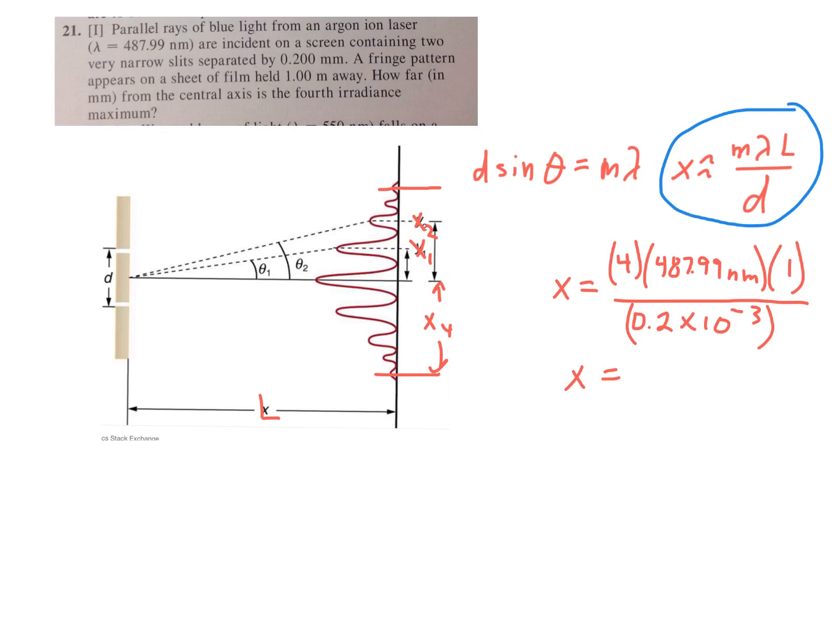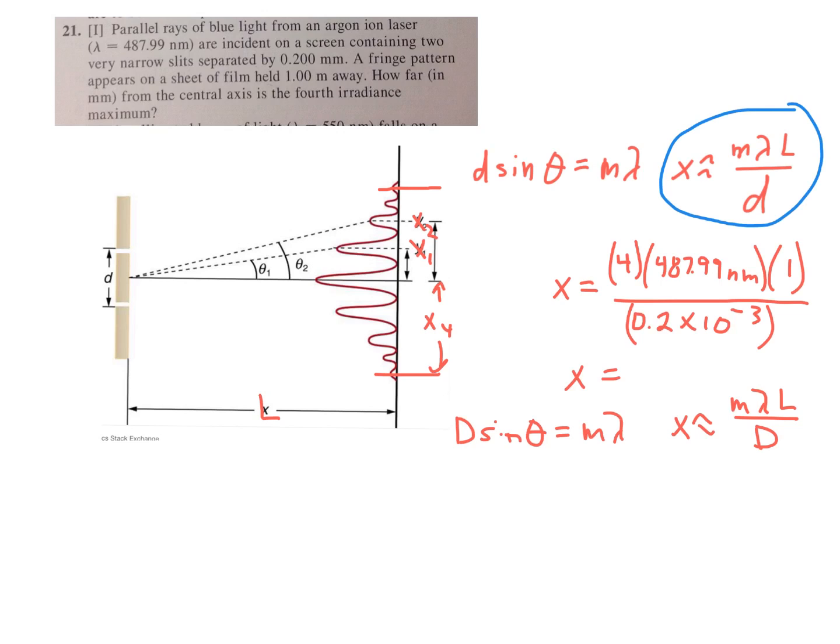first diffraction minimum. So if I go to my diffraction equation, there's two of them: D sine theta equals m lambda, or x roughly equal to m lambda L over D, where capital D now is the slit width. I could actually figure out the slit width here, because L is the same.